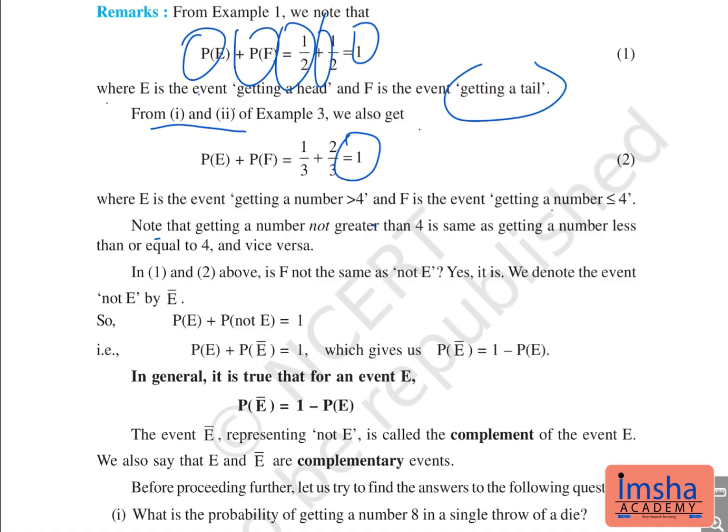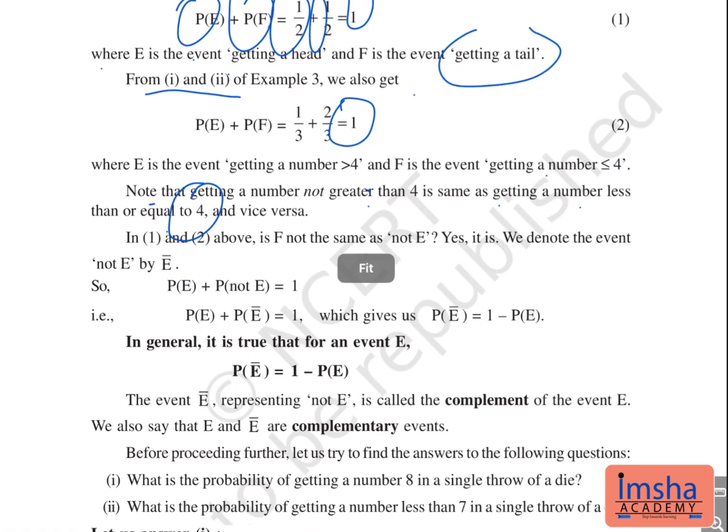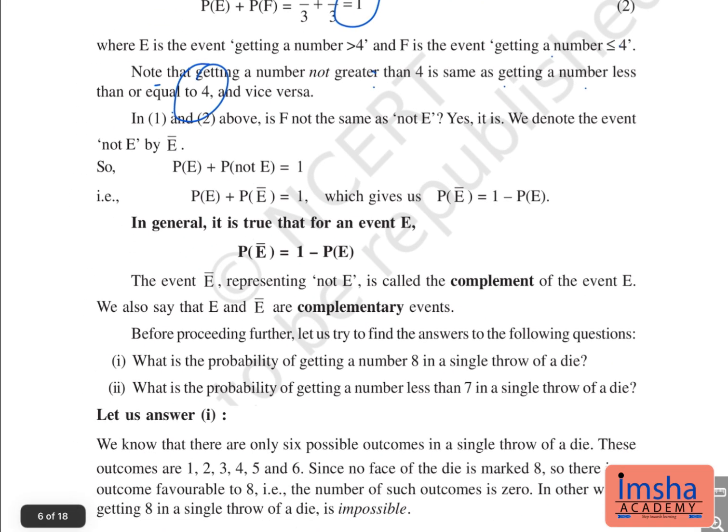Note that getting a number not greater than 4 is the same as getting a number less than or equal to 4, vice versa. They may twist the question and ask you about getting a number not greater than 4, which means less than 4 or equal to 4. You can get up to 4 but not more than that.